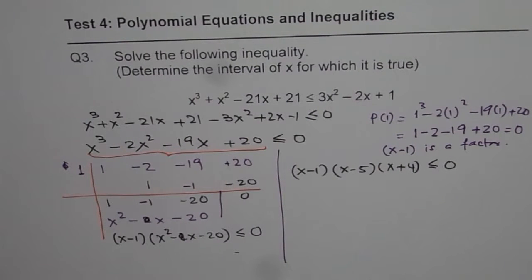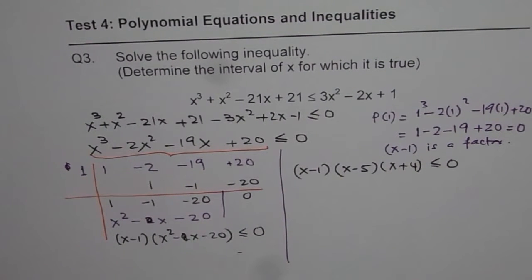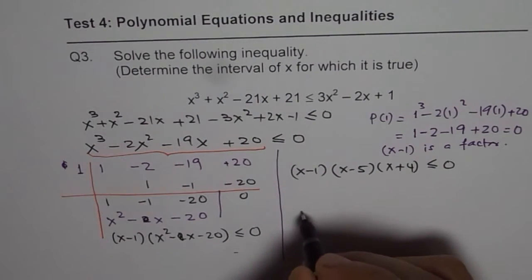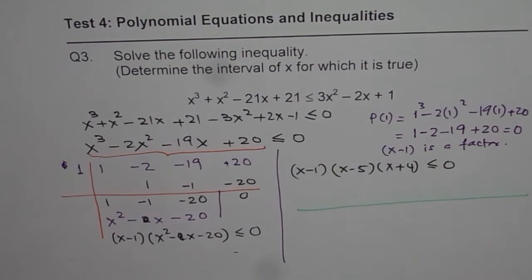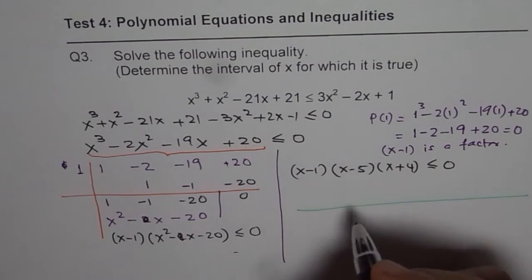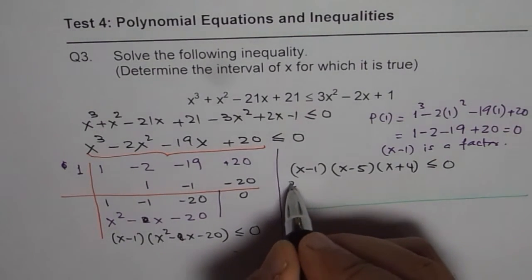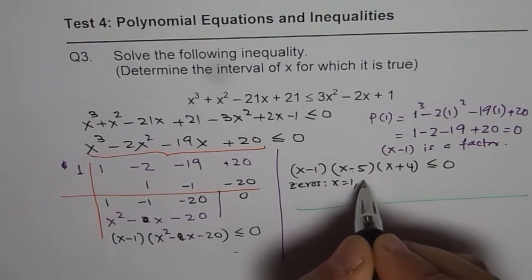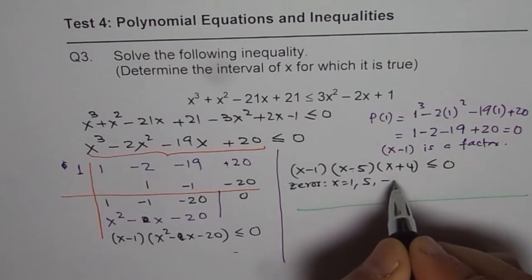At this stage, you can use the interval method or the graphical method. I know you know both methods, but I prefer to show you the graphical method. Our zeros are at x equals 1, 5, and minus 4.